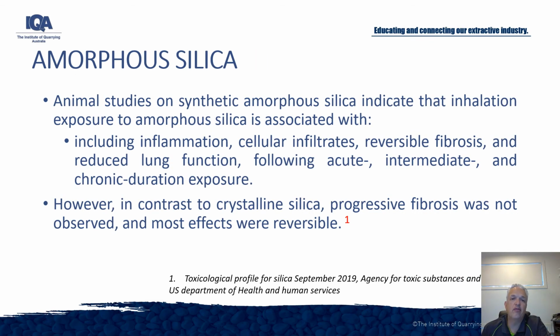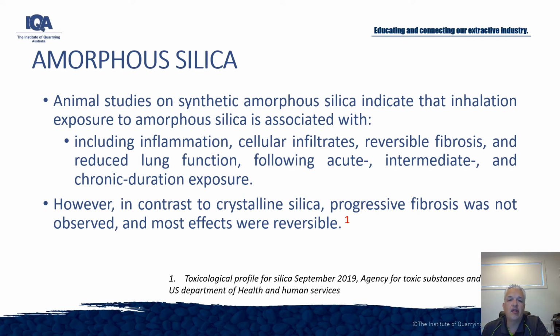The other type of silica that may be present is amorphous silica. Amorphous silica is also hazardous to your health, but has not been classified as a carcinogen. Most of the effects are reversible when exposure stops. Progressive fibrosis has not been observed with amorphous silica as it has with exposure to respirable crystalline silica.